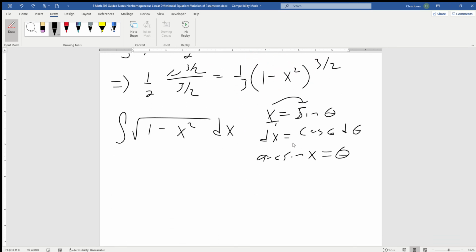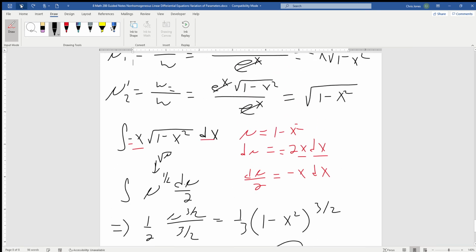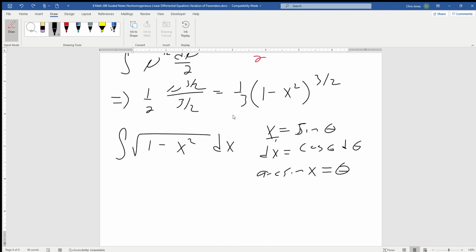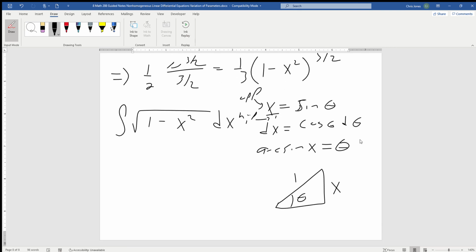All right, and then finally, we're going to draw our triangle. Sine is opposite over hypotenuse. So 1 is the hypotenuse, opposite is x, and then square root of 1 minus x squared by our Pythagorean theorem to be able to complete the triangle. All right, so now we can substitute, unfortunately.